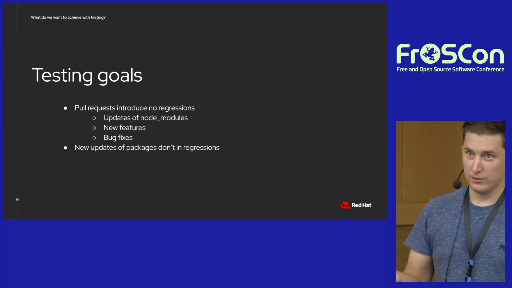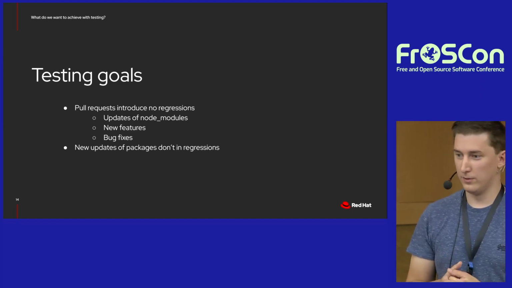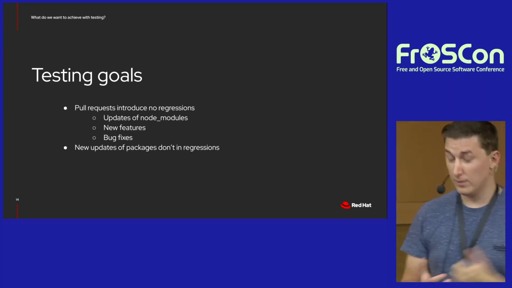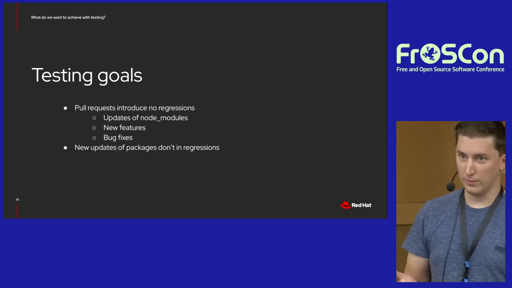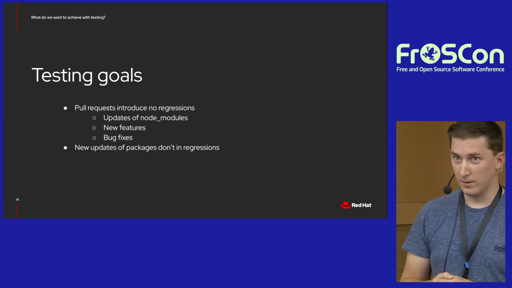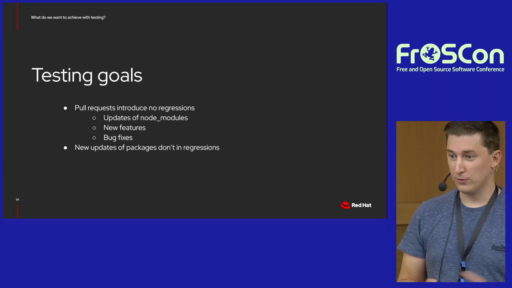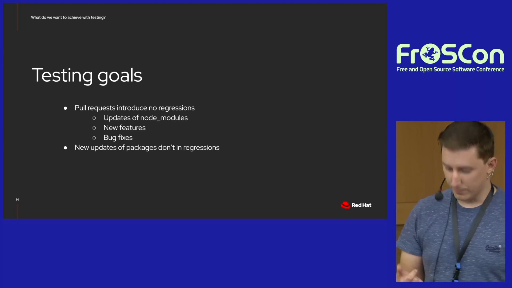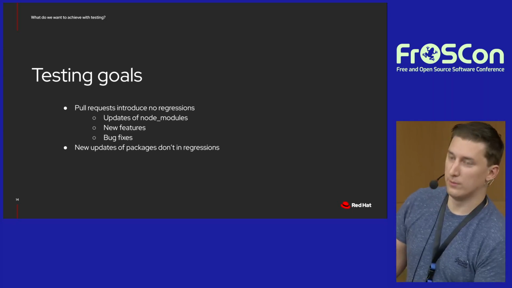If we update, for example, our dependencies, so this would be Patternfly or React or some JavaScript library we use, we want to run our tests. And if a distribution updates its packages, we also want to test that. We want to see if there are any regressions or issues in Cockpit.